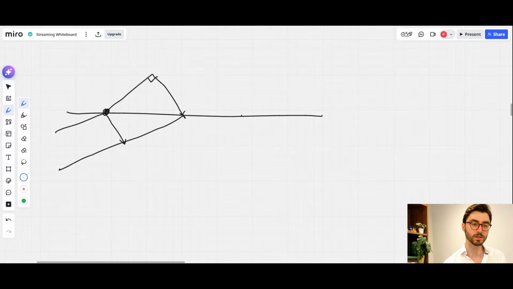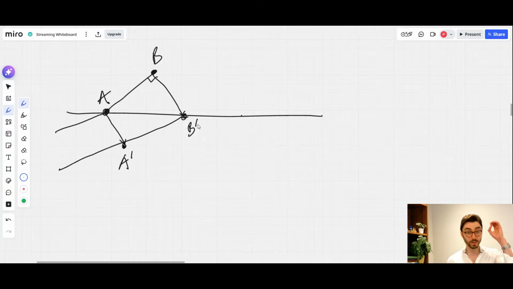so let's consider these 2 points on the wave. So this would be, for instance, A and B. At some time later, they would travel to here, which we will call A dash, and here, which we will call B dash. So the derivation of Snell's law says, first of all, this line here would be the ray. So this would be the angle θ1 between the ray and the normal.